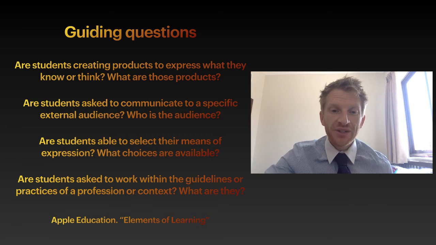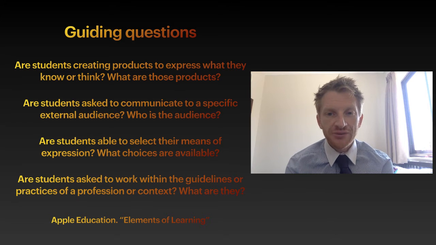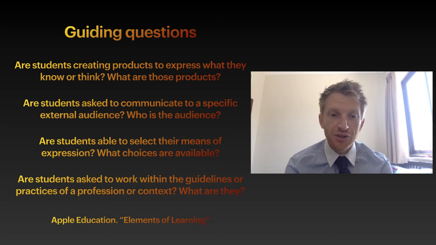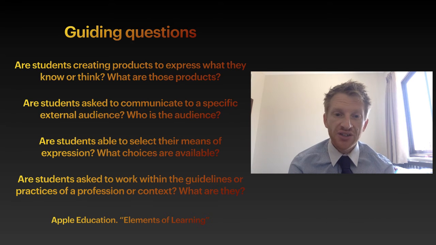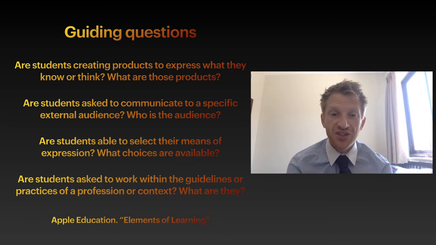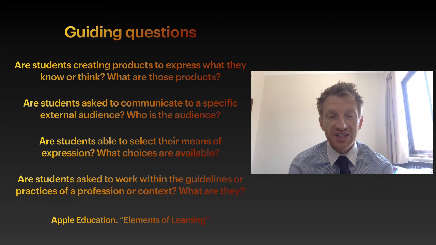As with all the elements of learning, there are some key questions that we need to ask ourselves right at the planning stages. So here are the guiding questions for communication and creation. First of all, we need to consider the students creating products to express what they know or what they think, and what those products might be. Are the students asked to communicate to a specific external audience? And if so, who is that audience? Are students able to select their means of expression?